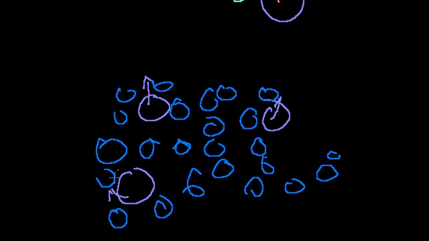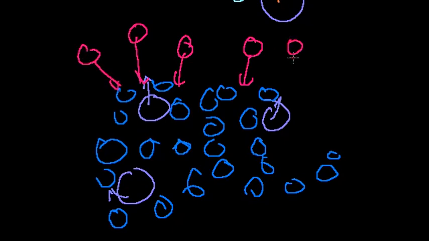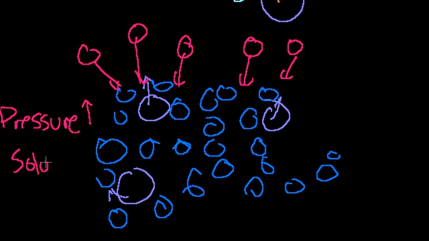But if you have a really high pressure up here, if the atmosphere has just tons of molecules bouncing really hard off the surface of our solution, it'll be harder for anything to escape upwards. And that's why, at least this is the intuition, when pressure goes up, solubility of a gas also goes up.